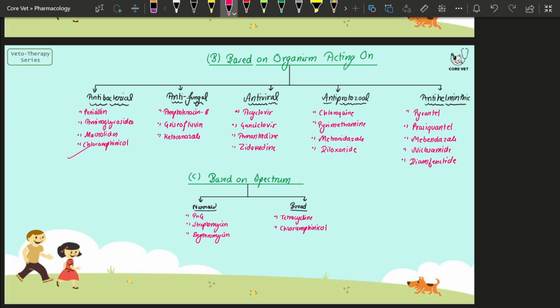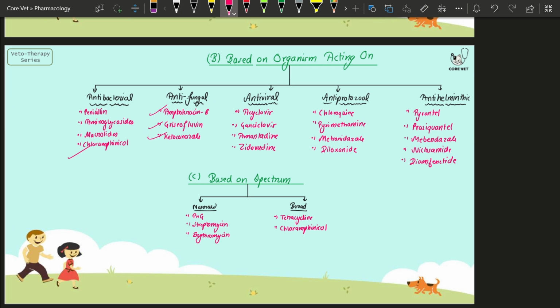They are the antibacterials. If we talk about the antifungals, it may be amphotericin B, griseofulvin, or ketoconazole. Talking about the antivirals, it may be zidovudine, acyclovir, amantadine, rimantadine, ganciclovir. Talking about the antiprotozoals, it may be chloroquine, pyrimethamine, metronidazole, nitazoxanide.